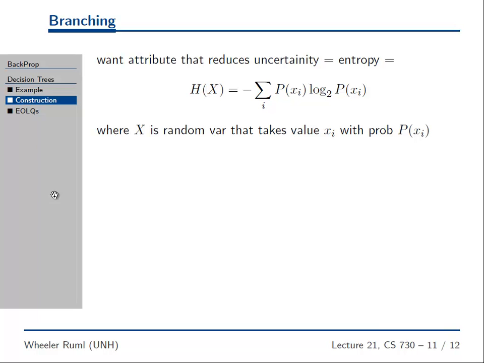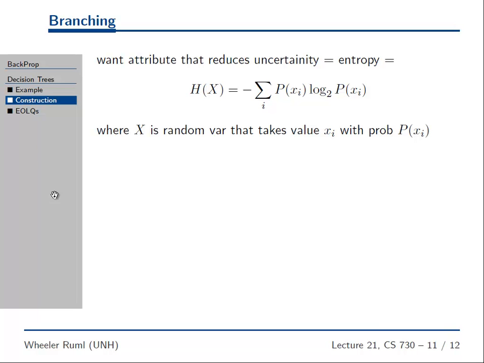So entropy measures for a random variable how disordered the distribution is, and it's actually from information theory. It corresponds to the number of bits that you need in order to encode the distribution, in order to encode data that is distributed according to that distribution.